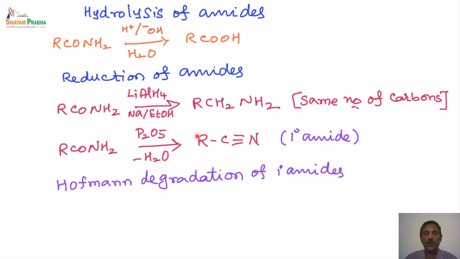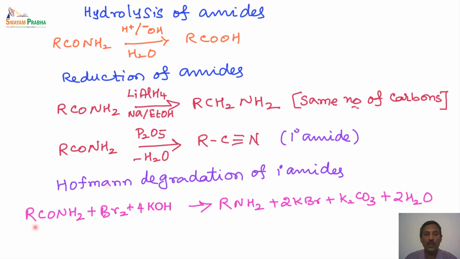We also have Hofmann degradation of primary amides. In this case, an amide treated with bromine in the presence of a strong base produces a primary amine. The difference between Hofmann degradation and the LAH or sodium ethanol reaction is that in lithium aluminium hydride or sodium ethanol reduction, the number of carbons remains the same.